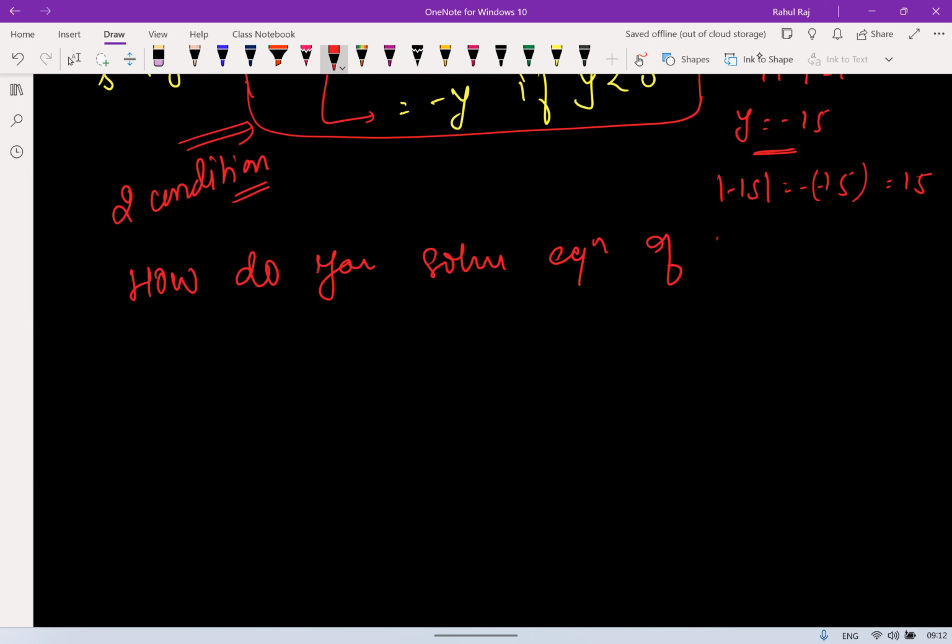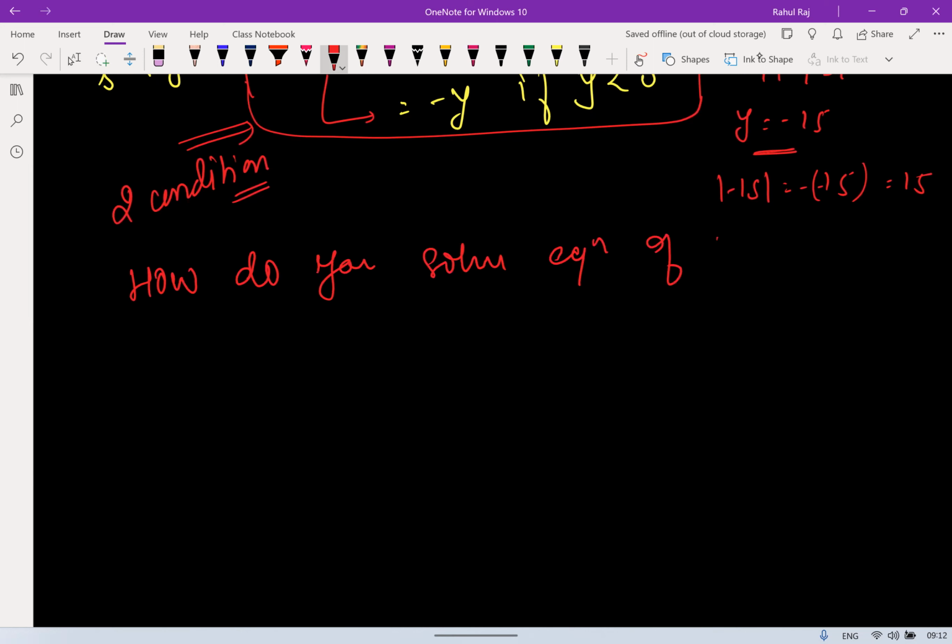Imagine this is y. So let's say this is x. So case one is what, Alexa? What is the definition of mod? Mod x is equal to positive x if x is greater than or equal to 0. And this entire thing is x. So mod of 3y minus 3 is equal to positive 3y minus 3. I'll only be concerned about something which is inside mod.